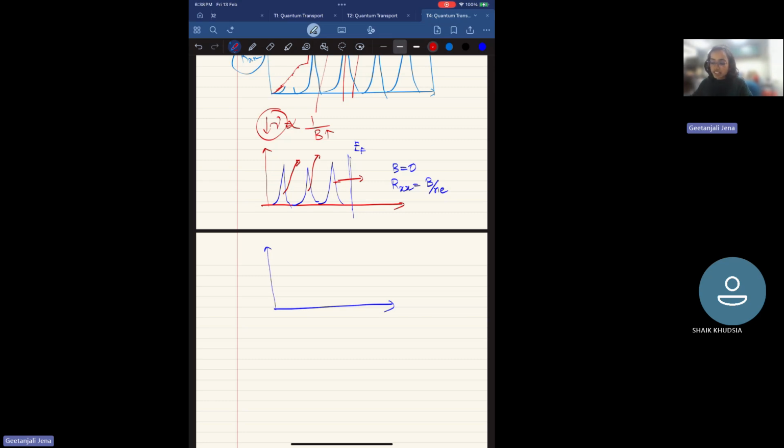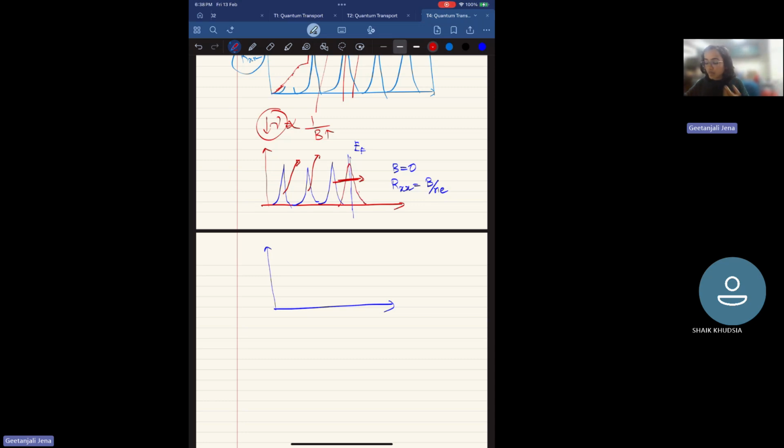But if there is no energy level that is empty or partially occupied, then in that case, we'll see a plateau region. So what I mean is that when this level goes through this Fermi level, let's say it comes to here.